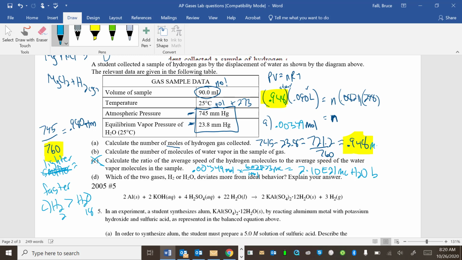That's C. D. Which of the two gases deviates most from ideal behavior? Explain your answer. For D, we're going to talk about size. H2O is larger and deviates more. We're going to talk about attraction.